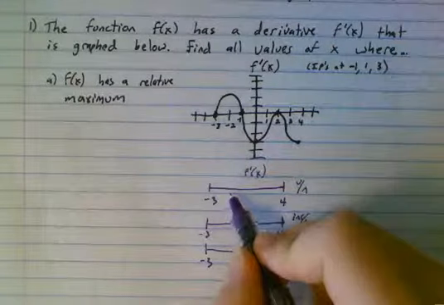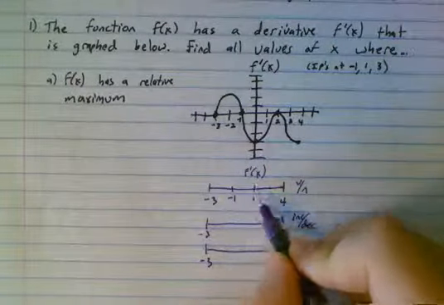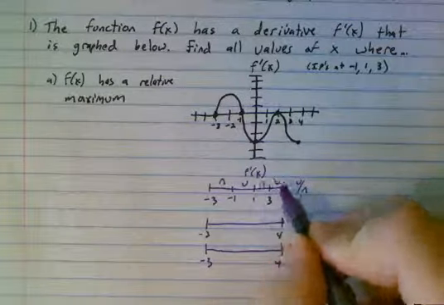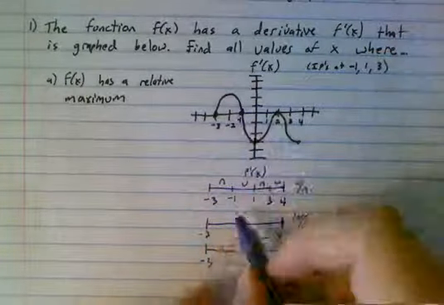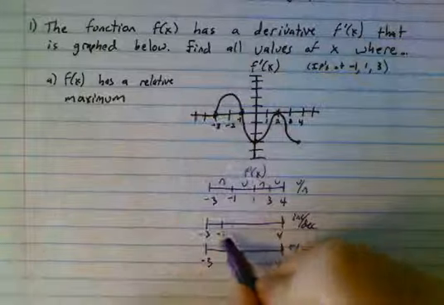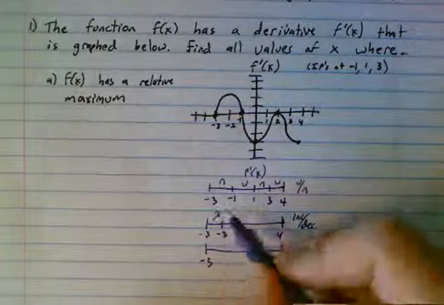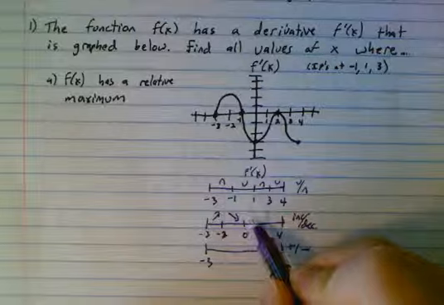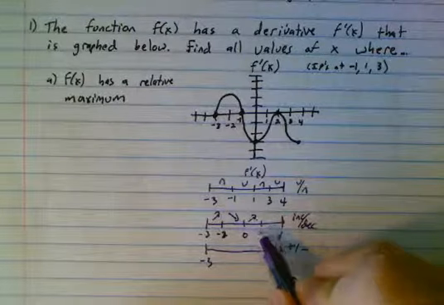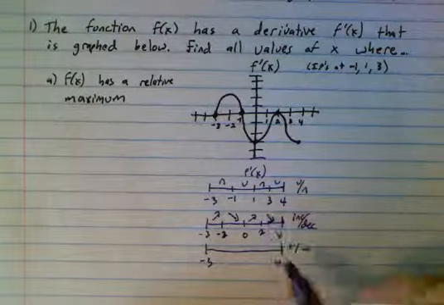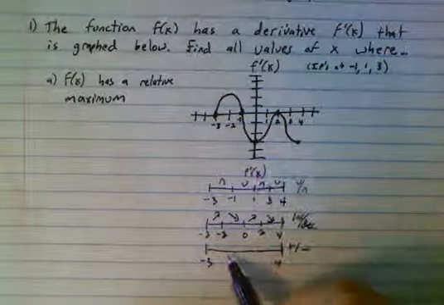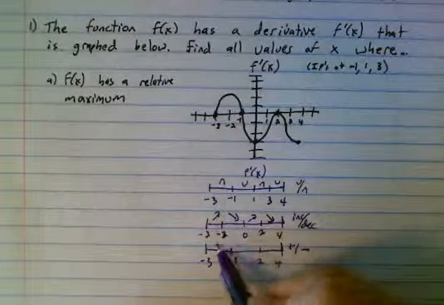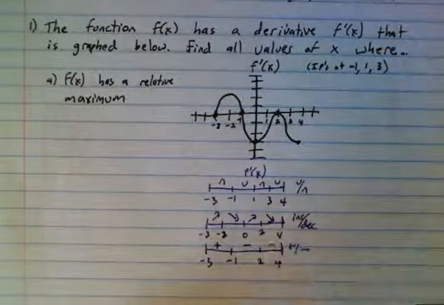Okay, so there's an inflection point at -1, 1, and 3, so concave down, concave up, concave down, concave up. Increasing, decreasing, so it stops increasing at -2, then it's decreasing until 0, increasing until 2, and then decreasing again, and then there are zeros at -3, -1, and 2, so plus, minus, and minus.